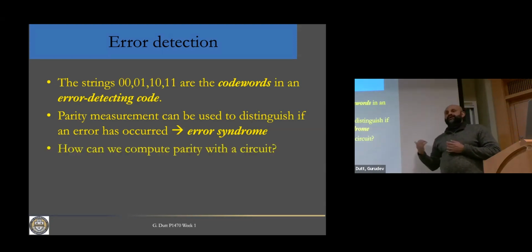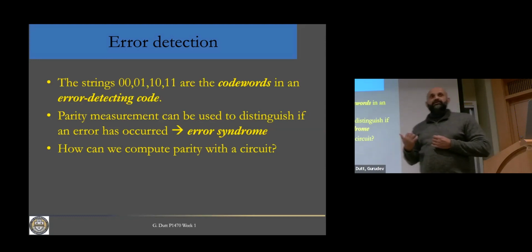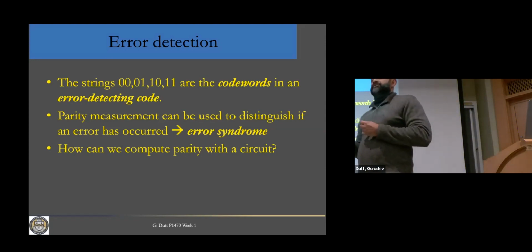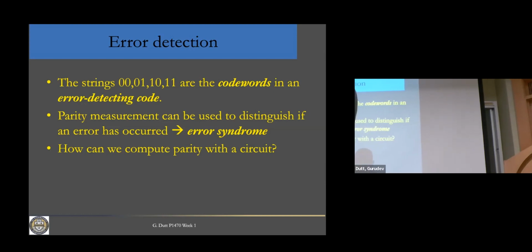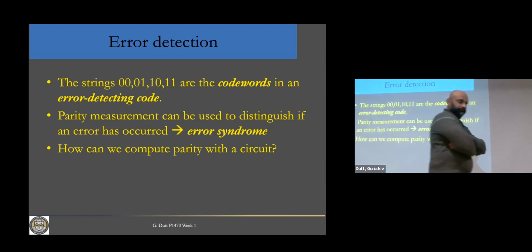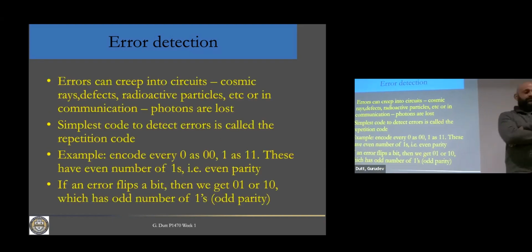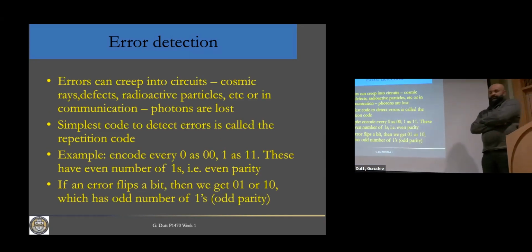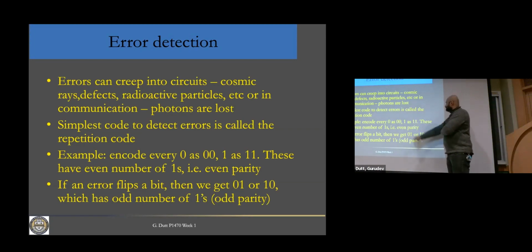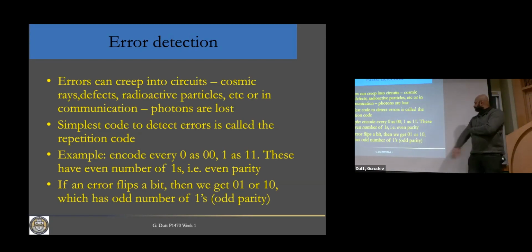Can we compute the parity with a circuit? Anybody have an idea how we could compute parity with a circuit here? We need something that, for 0, 0 and 1, 1, gives me the same output, and 0, 1 and 1, 0 give another output.